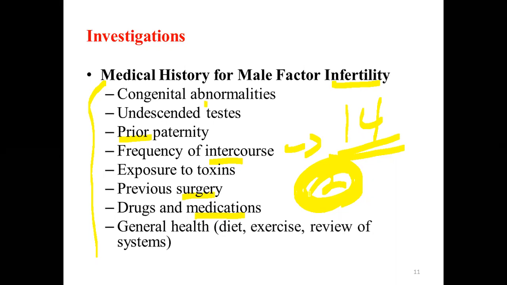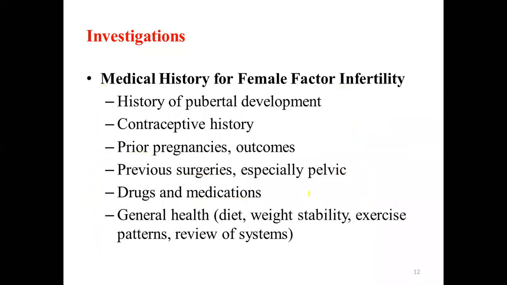Okay, then general health condition like diet, exercise, any review of systems. This will give us a clue at least about what kind of investigation or lab test we are going to consider. About the female factor, look at the history of pubertal development and any contraceptive history.